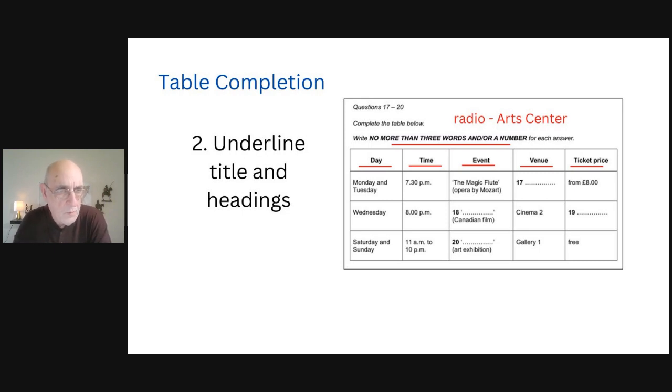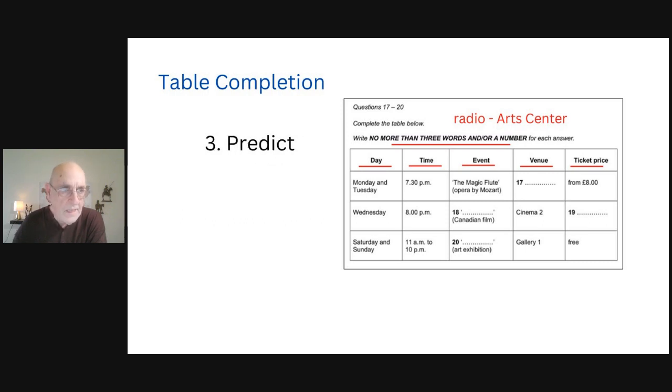With practice, as you practice more table completion questions, as you practice other listening questions, you will discover the best things to mark and underline to help you predict the answers that you need to listen for when it comes to listening questions. So once you've underlined the title and the headings, then you can begin to predict the type of answers you're going to hear.